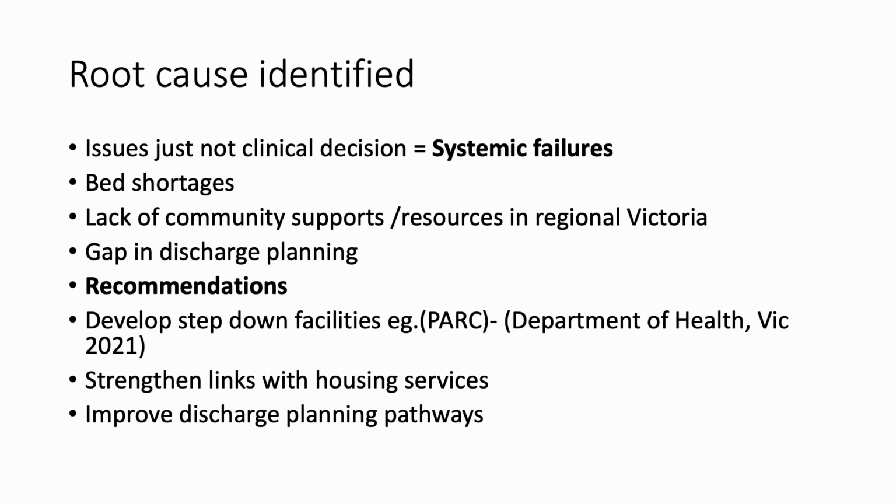And there was also a recommendation to improve discharge planning pathways. All these recommendations were identified following the thorough assessment or analysis done by the root cause analysis tool, which was implemented to improve quality and discharges within the mental health department.